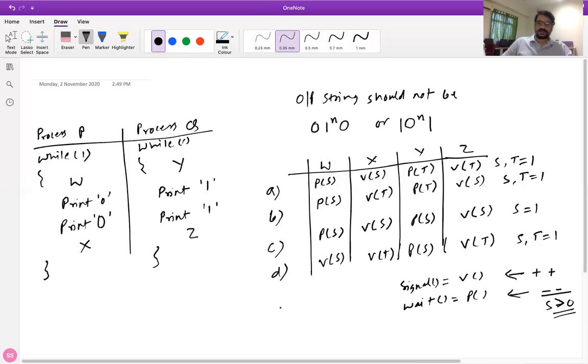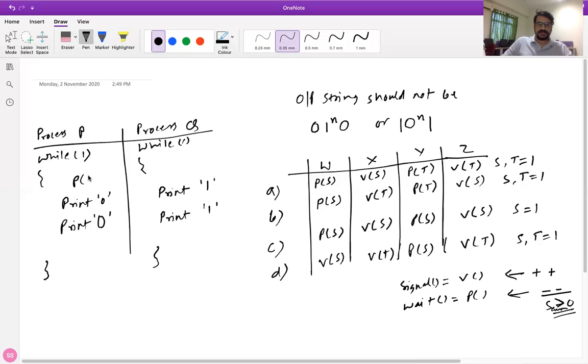Here we have two semaphores, S and T. So let's try for the first option. Instead of W, I'll write PS. Instead of X, I'll write VS. For Y, I'll write PT. And for Z, I'll write VT.